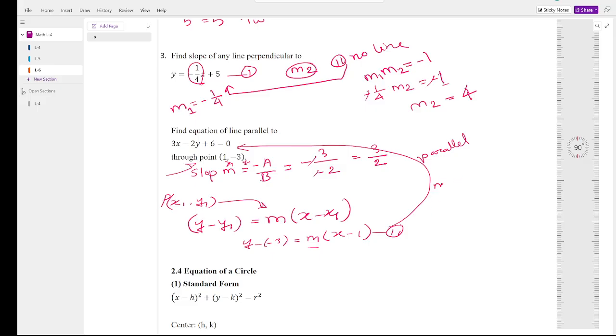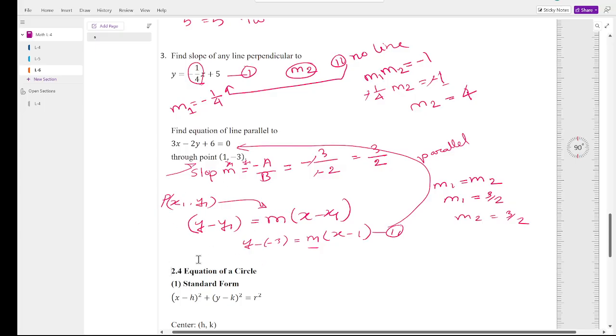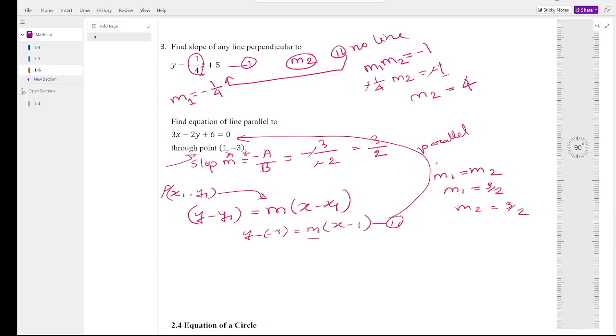So m1 and m2 are the same. We already found m1 equals 3 by 2, so m2 is also 3 by 2. So we can write here y minus minus 3, meaning y plus 3, equals 3 by 2 times (x minus 1).